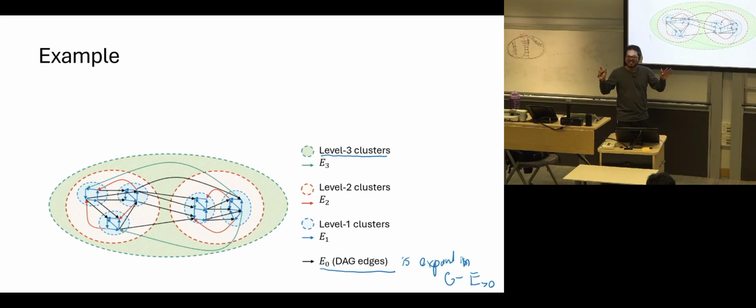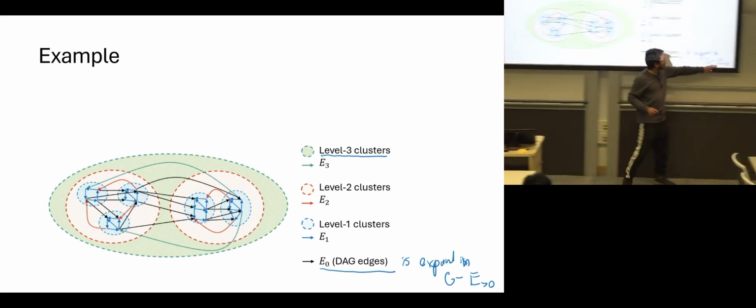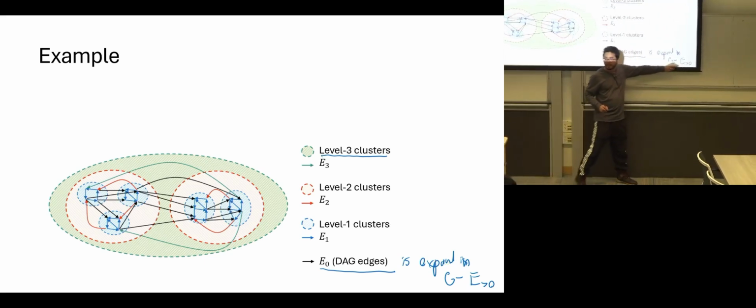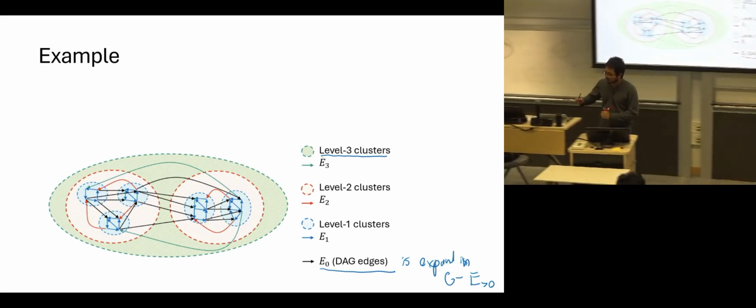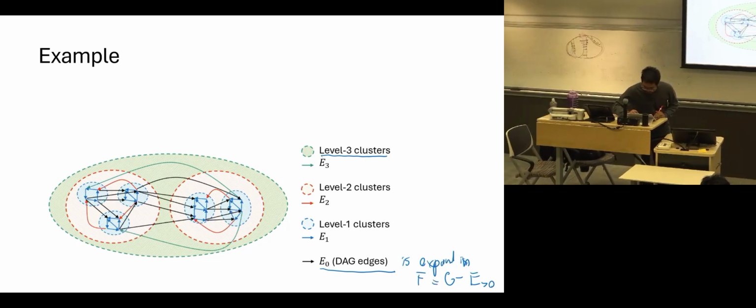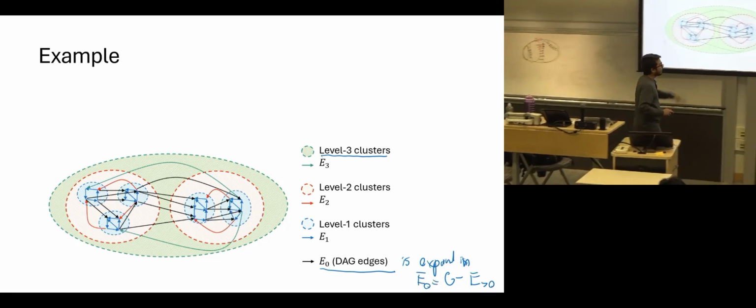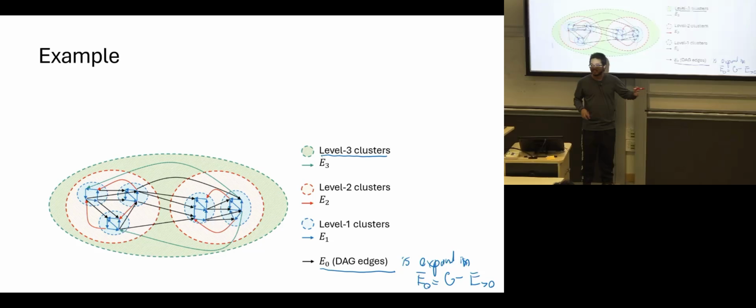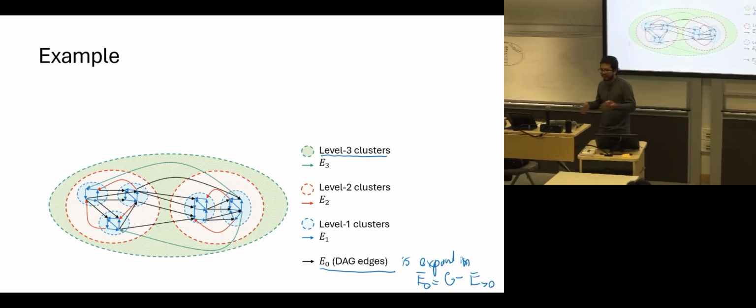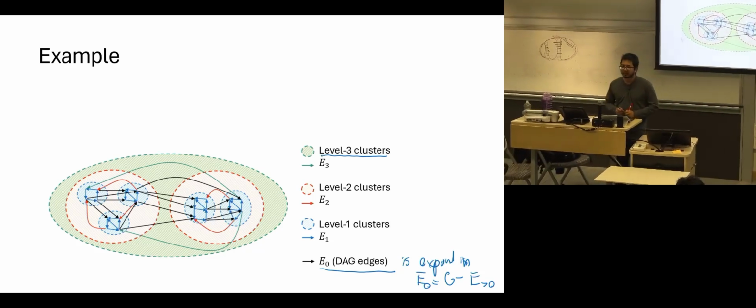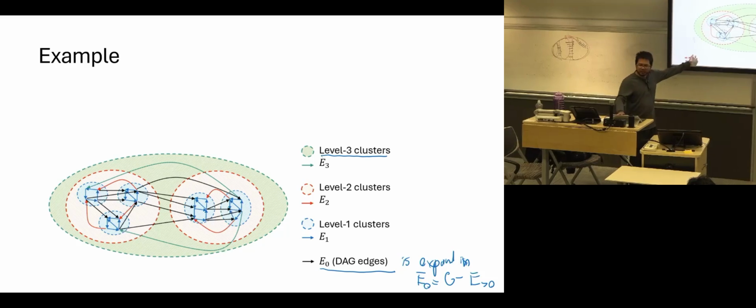And the dark is an expander, just by definition, right? This graph looks like a DAG. This is just G0. This is exactly just E0, actually. And E0 is an expander. It's a DAG, so it's expanding. Okay. I hope this picture makes sense.